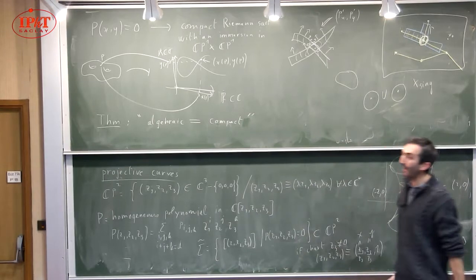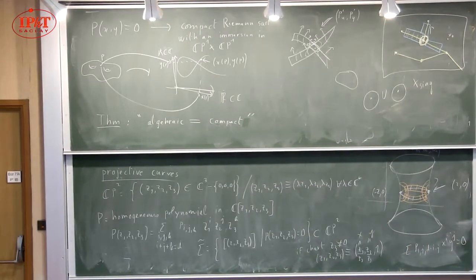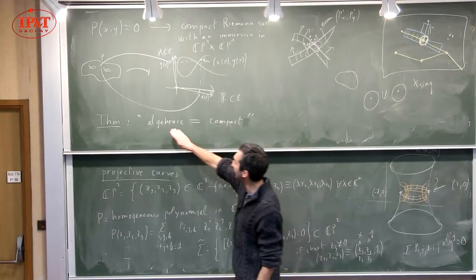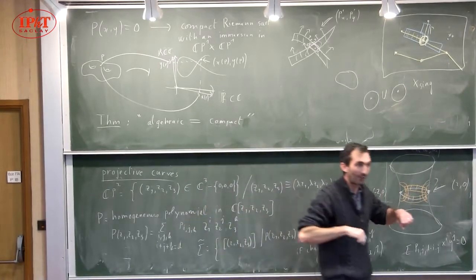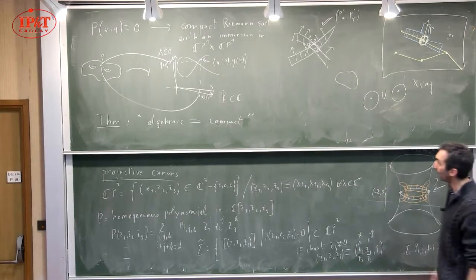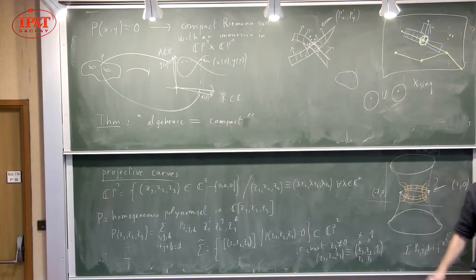So here I have shown you that every algebraic curve can be realized by this desingularization procedure. From every algebraic curve you can get a compact Riemann surface. But vice versa, you can prove that if you have a compact Riemann surface, it can always be realized in this way as an immersion of a polynomial equation.